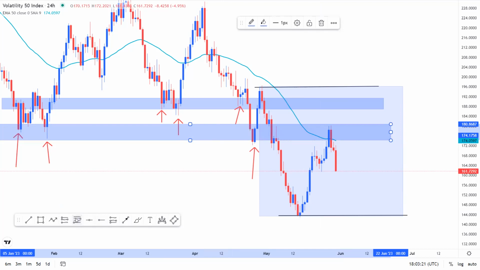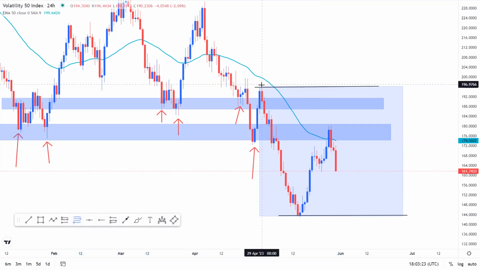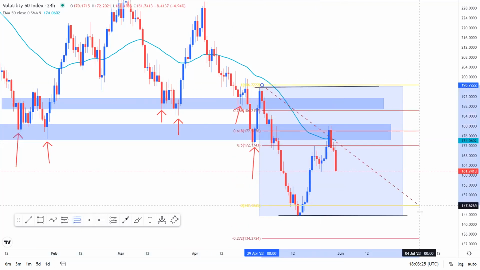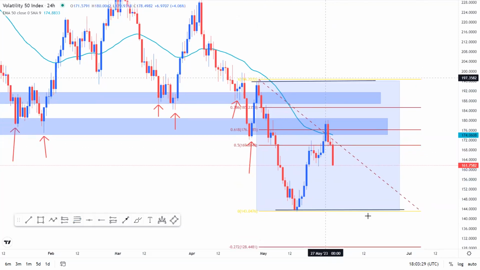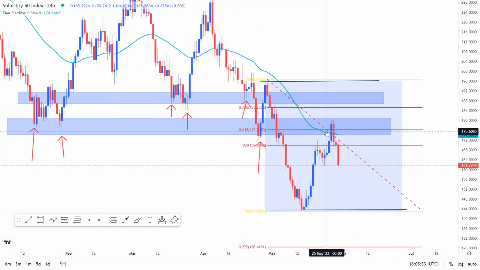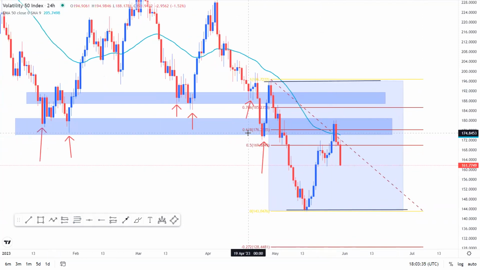Also bringing in the Fibonacci retracement tool from the previous swing high to the most recent low right here, we see that the level aligns very perfectly with the 61.8 Fibonacci golden zone. Now, this puts every one of the odds in my favor.